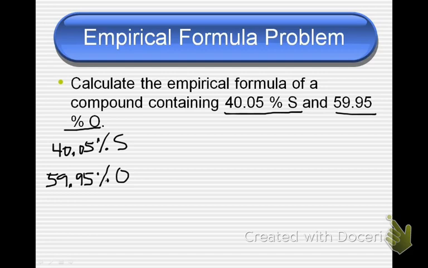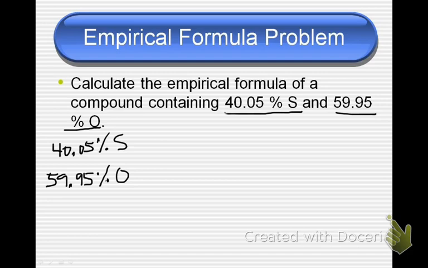If 40.05% of this 100 grams is sulfur, then how many grams of sulfur would it have? It'd have 40.05 grams of sulfur. So if we have 100 grams, 40.05 grams of it would be sulfur, and 59.95 grams of it would be oxygen.